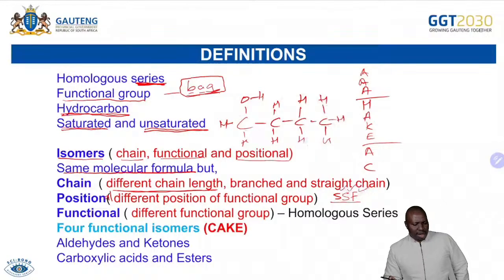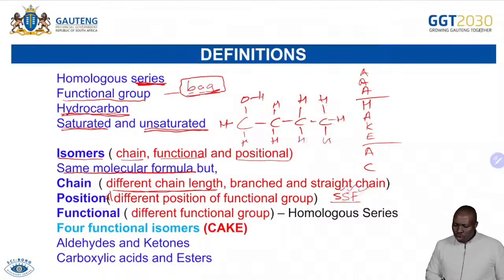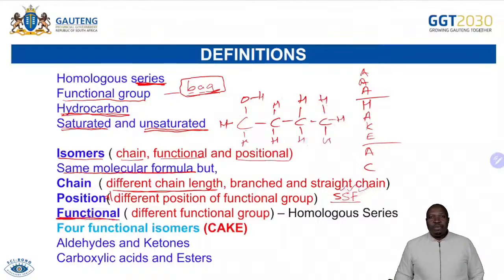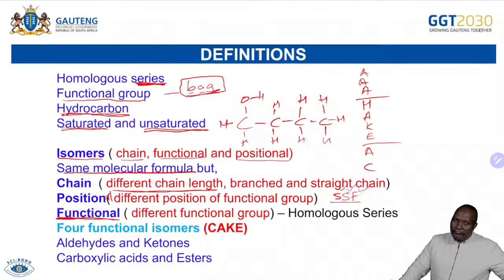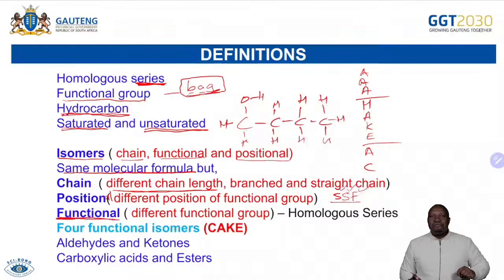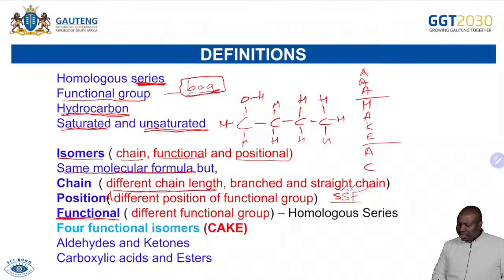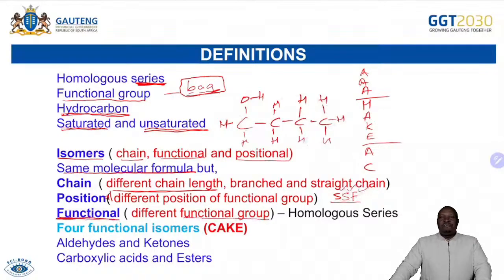The last isomers that we do are the functional isomers. Functional isomers, they're isomers, so they must have the same molecular formula but different functional group. So what is different is the functional group. We said we have 4 functional isomers that we know.